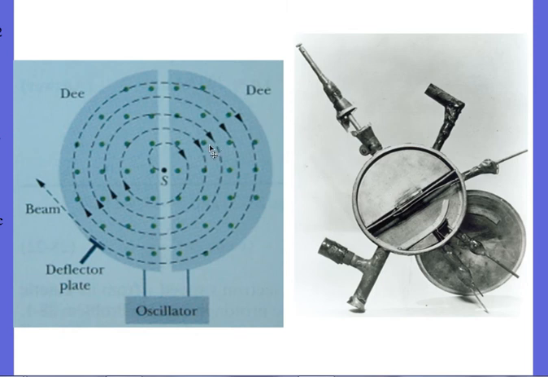And it consists of these two metal cavities. We call them Ds because they look like Ds. And then you get a charge going. And of course, the charge will be experiencing a magnetic field, which is made by something else, not shown here.